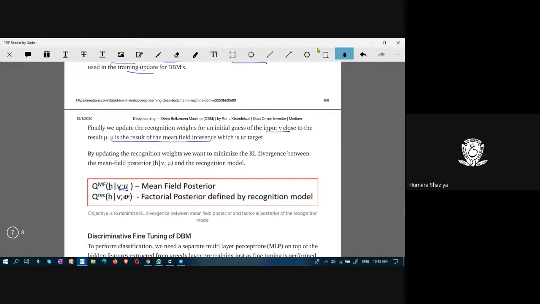And by updating the recognition weights, KL divergence: there is an actual value, there is a generated value.